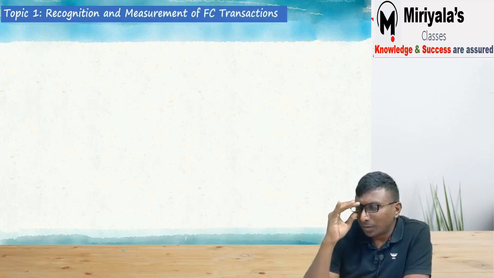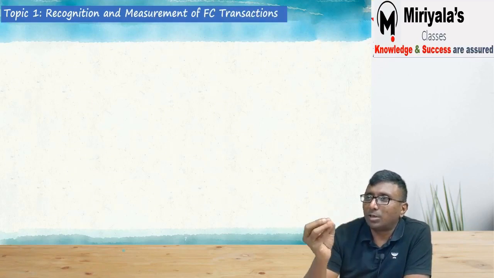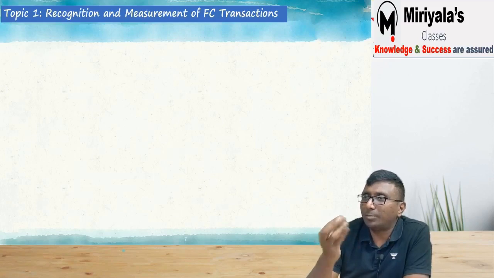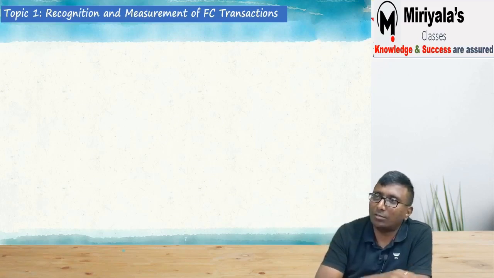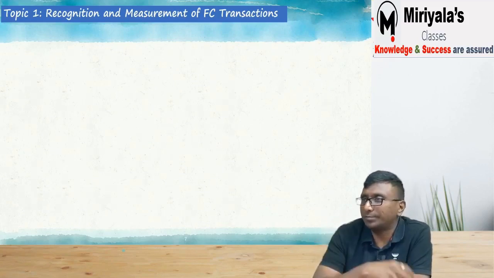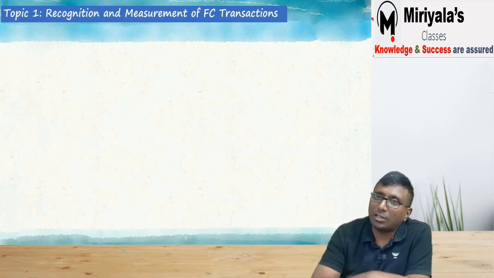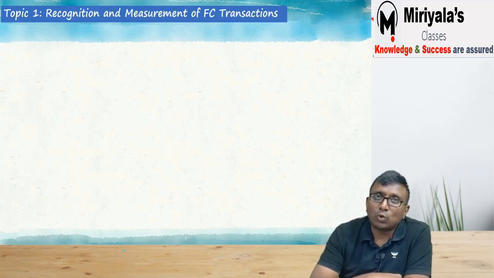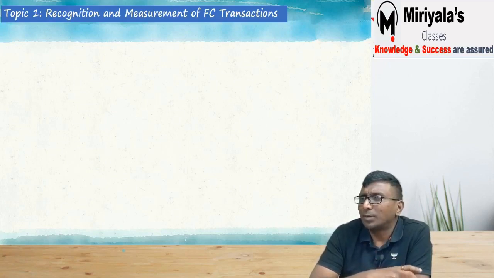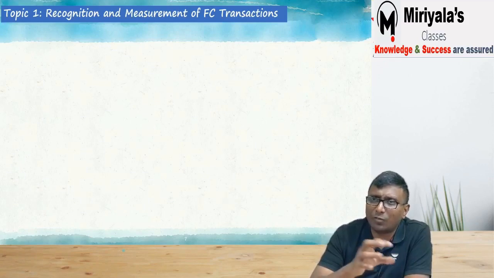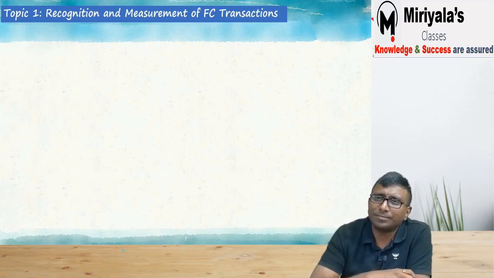It's an easy one. The only problem point will come because of some nonsense things made by the standard setters. Otherwise, this standard would have been much easier. What is that nonsense? I will tell you. Because in AS 11, in 2011 or 2010, if I remember correctly, they gave some exemption, some paragraph 46A, 43A, something like that.